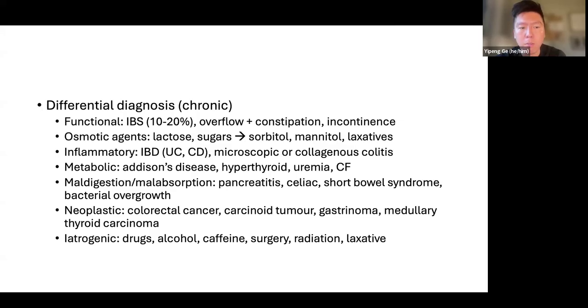And so when you have maldigestion and malabsorption, once again you have issues with fully forming that stool through different parts of the gut as the food goes through the stomach, the small intestines, and large intestines.